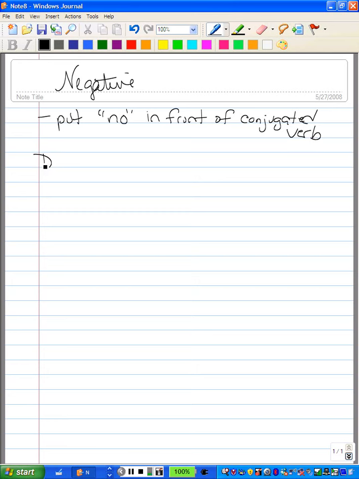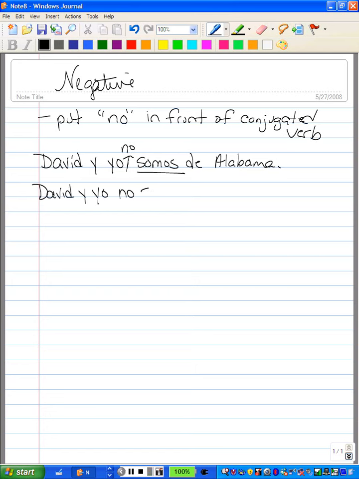For example, we just said David y yo somos de Alabama. We are from Alabama. If you wanted to say David and I are not from, we are not from, somos is your conjugated verb, so we need to insert the word no right there. So your sentence would be David y yo no somos de Alabama.